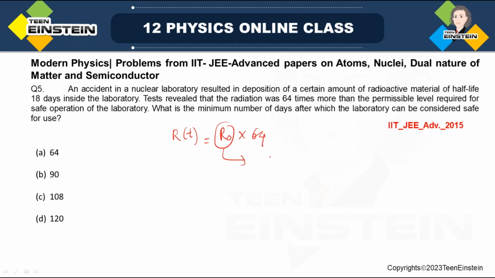This is the permissible radiation limit; the present level is 64 times R0, more than the permissible value, as I said.